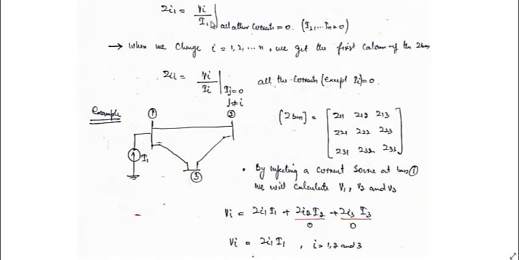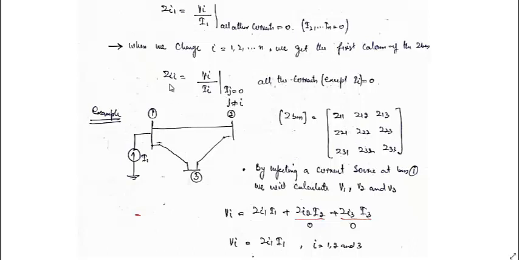When i is equal to 1, we get V1 by I1, that is Z11. We are actually injecting a known current, so we calculate all the voltages. That means Z11 will be equal to V1 by I1, Z21 will be equal to V2 by I1, and Z31 will be equal to V3 by I1. So in that case, when I1 is injected, we can calculate the first column of the Zbus.